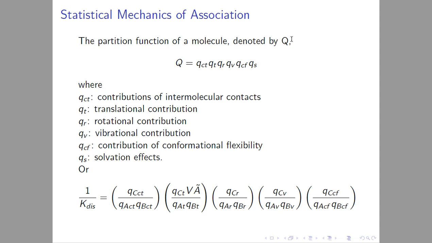From our statistical thermodynamics, we have the partition function of the molecule, Q equal to Q_C times Q_T, intermolecular context. T is translational, R is rotational, P is positional, CF is combinational probability, and S is the solution effect.